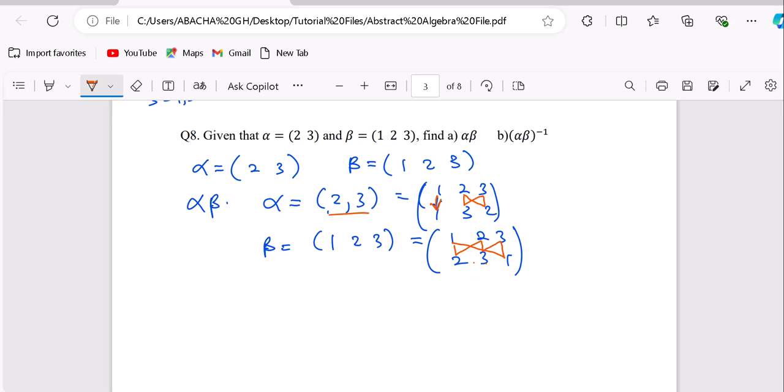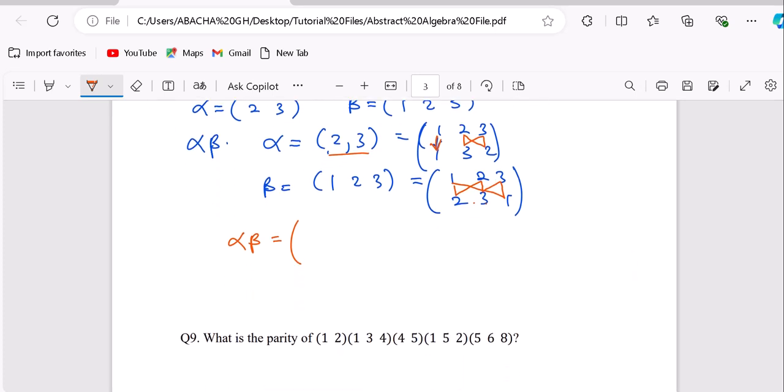If we want to compose them, then we have alpha beta, which is just like multiplying. That's the composition of these things. If we are composing, the top elements will always be 1, 2, 3. Is that okay?